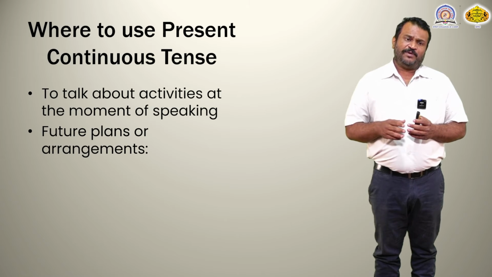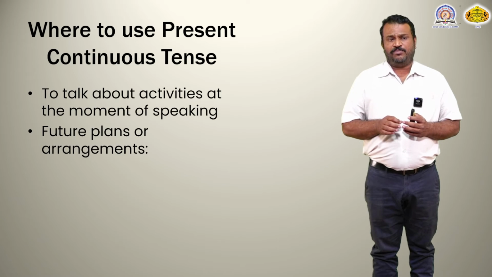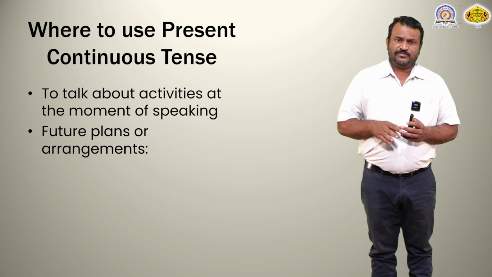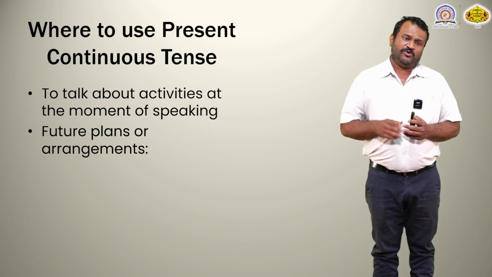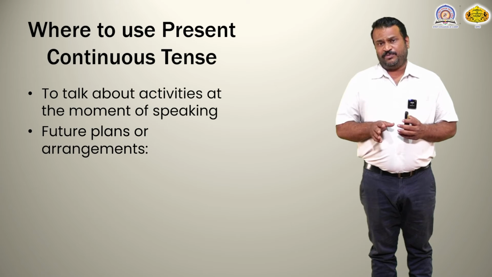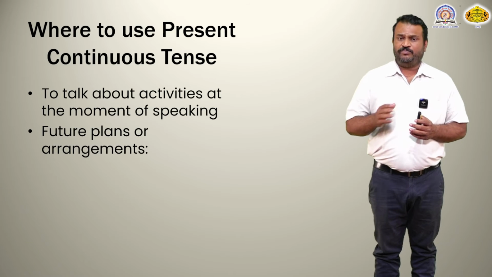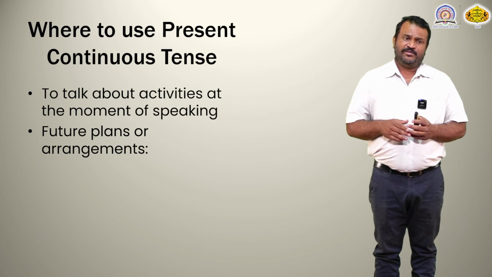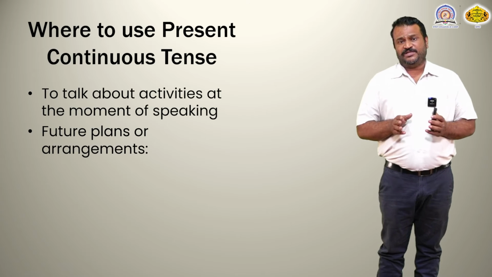Or future plans, means I am going to have a job till 2024. If you have decided that you are going to do a job, these are the future plans which you have decided. I am going to be a lecturer. I am going to be a professor. I am going to run the business.